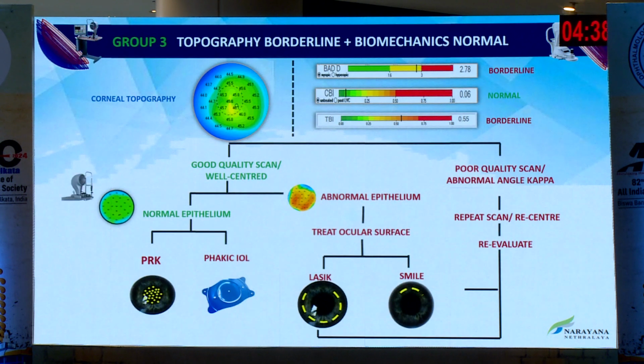So the role of topography is very important. Here, your biomechanics is normal, but your corneal topography is abnormal. This is a very interesting thing. Why should the biomechanics be normal and the topography abnormal? It is because the epithelium makes your cornea have an inferior steepening, and that can be picked up as abnormal on BAD-D, but your CBI, which is the pure biomechanics, is completely healthy.